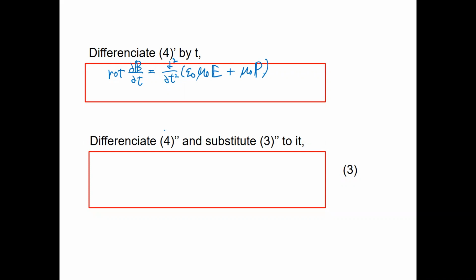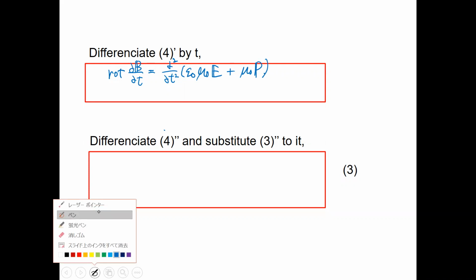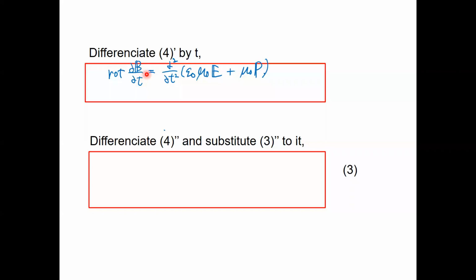And then similarly, we can substitute this dB/dt by using equation 3, which gives the rotation of the rotation of E equal to minus 1 over c squared times d squared E over dt squared, minus mu 0 d squared P over dt squared.